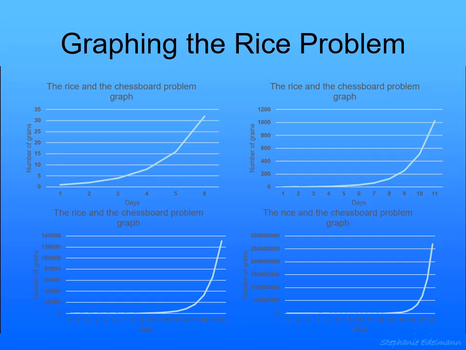On the second graph, you're going to day 11, but you're starting to lose all the numbers from day 1 to 5. You really can't distinguish the numbers anymore, because by the time you get up to 1,000, your 1 through 10 is gone.